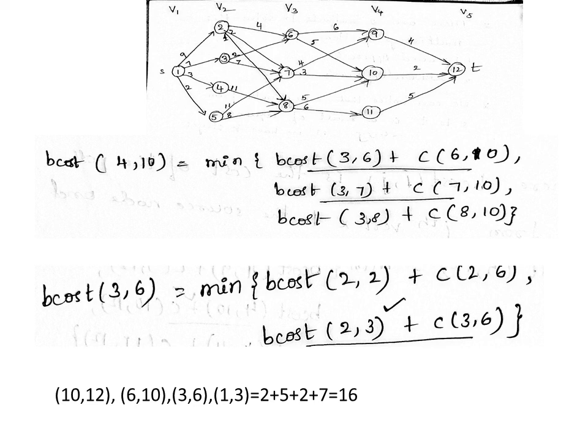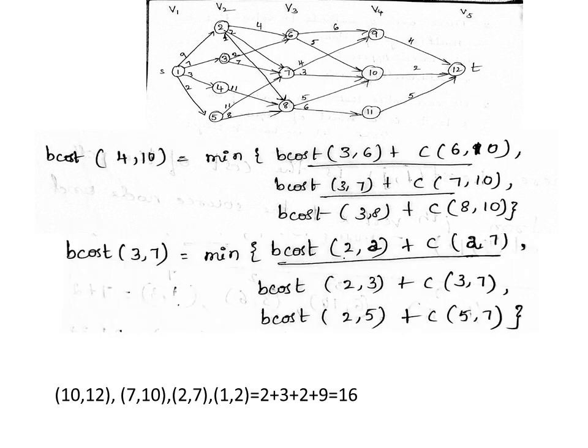That is, while tracing back we have got 3 to 6 from this stage. Then 3 is here from the source vertex, so 1 to 3 is 7. So 2 plus 5 plus 2 plus 7 is equal to 16. That is, 10 to 12 is 2, 6 to 10 is 5, 3 to 6 is 2, 1 to 3 is 7, which is equal to 16.